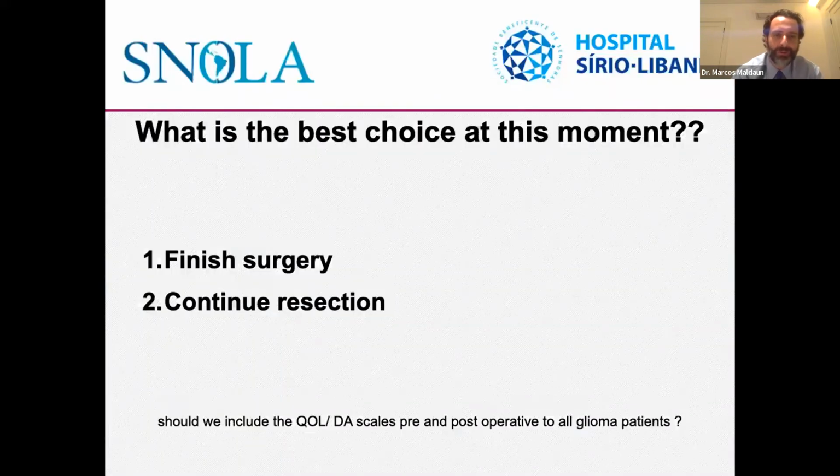And then what are we supposed to do? Finish the surgery because we have a negative mapping, or continue resection based on this residual disease? What do you think? I would say you should complete the surgery, right? I don't think you should leave that residual tumor. That's the area, posterior and superior, where I have the most challenges with residual disease, and Fred alluded to that too.